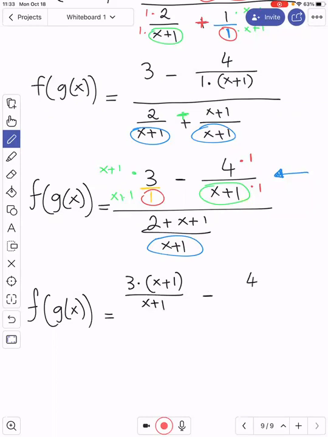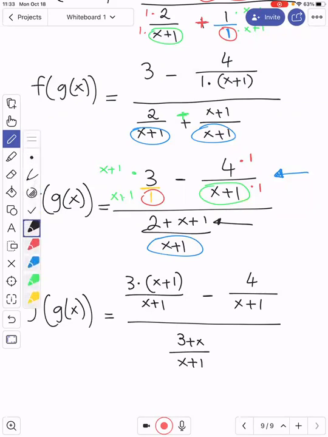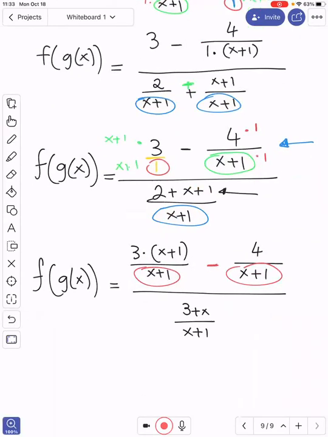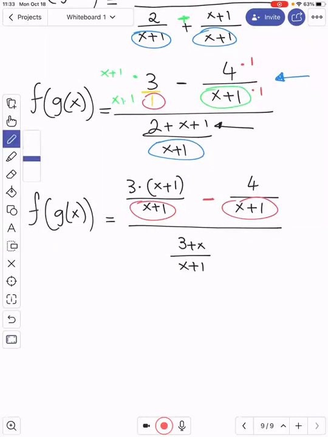Minus, and this is 4 over my x plus 1. And in the denominator, as you can see, this is 2 plus x plus 1. That will be 3 plus x, over x plus 1. All right, so as you can see in the numerator, I got my common denominator. So all I have to do is subtract the tops. This is f of g.